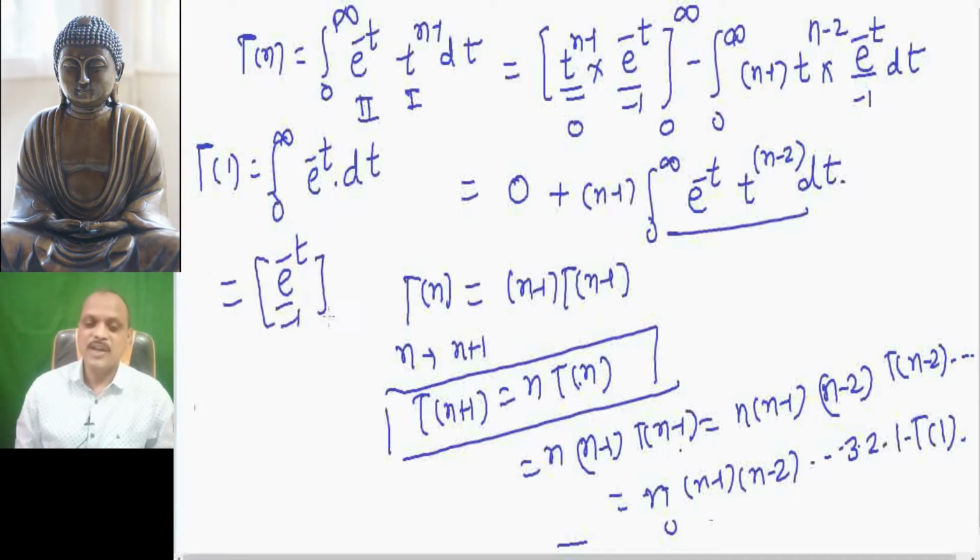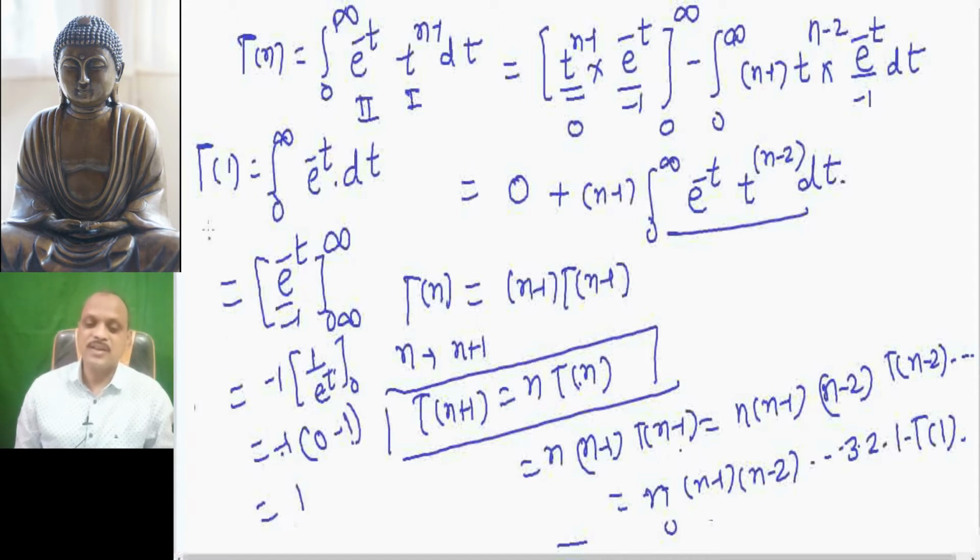Integration of e raised to minus t gives e raised to minus t divided by minus 1, which is minus 1 divided by e raised to t, between the limit 0 to infinity. Minus 1 into, at the upper limit it is 0, at the lower limit e raised to 0 is 1, so it is a minus 1. This minus and this minus will be plus. So gamma of 1 equal to 1.